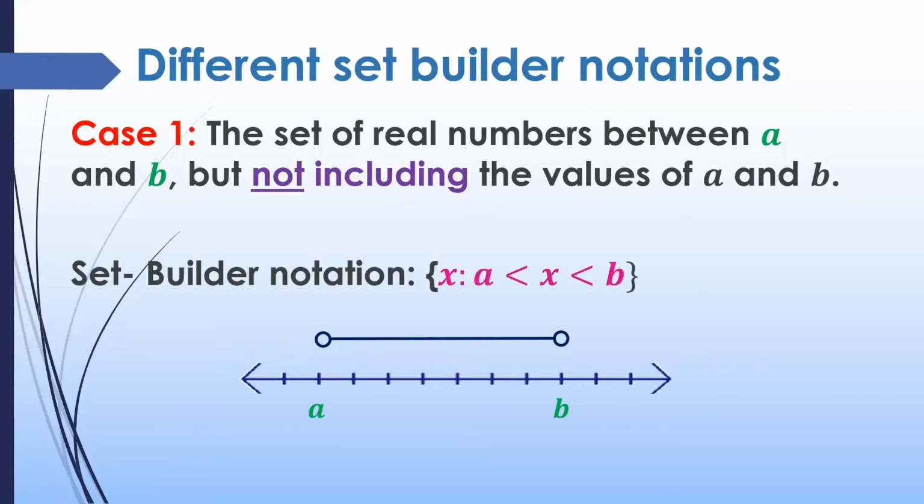Now, using the set builder notation, I'm going to write it as X such that X lies between A and B. So this is how you write it.